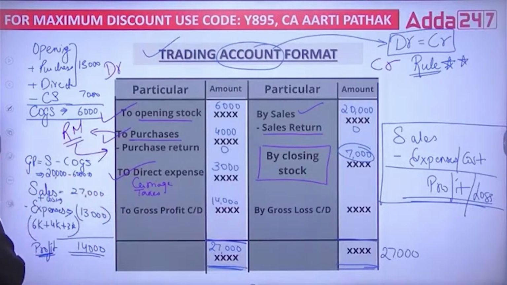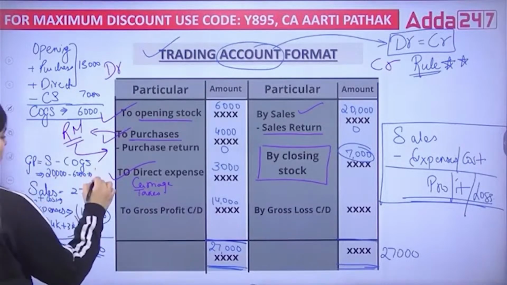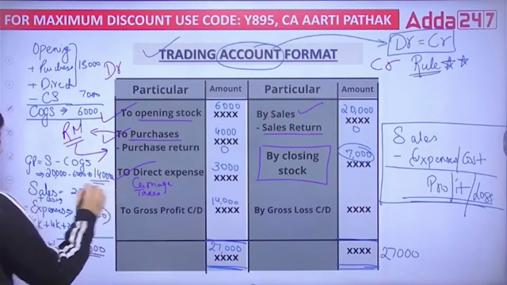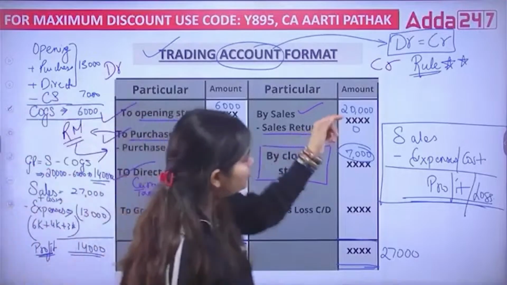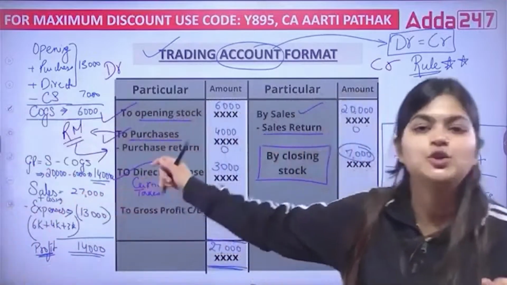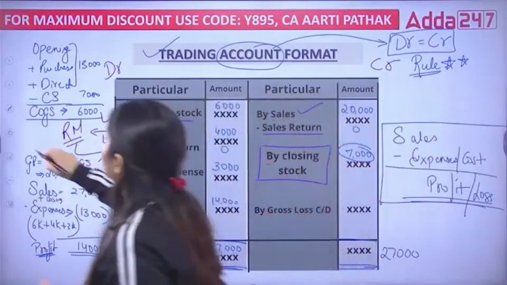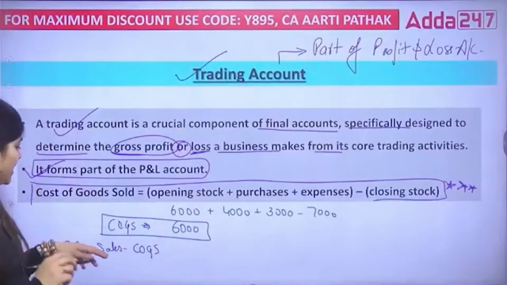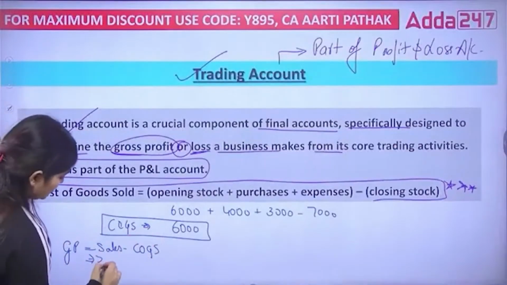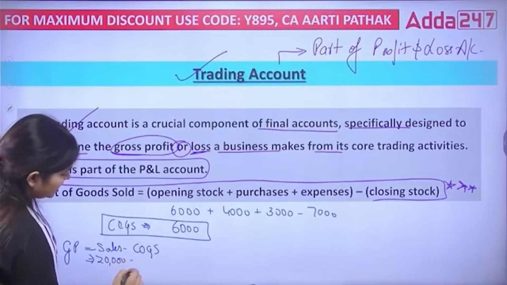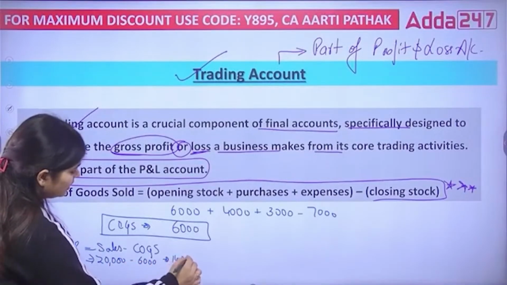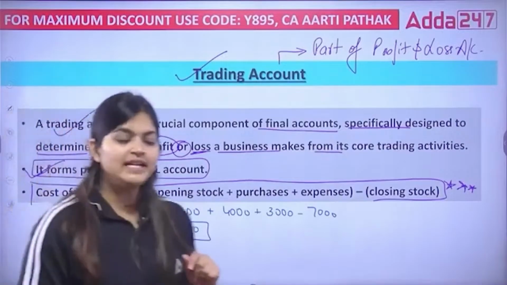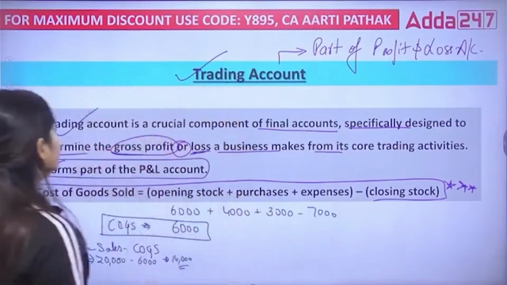So 20,000 minus 6,000. Now you can see both the answers are correct. Here I have taken a sales amount of 20,000, but I was writing 27. That is the reason the answer was not coming. So sales is your 20,000 minus 6,000. So this will give you 14,000. Correct? So this is about your trading account.